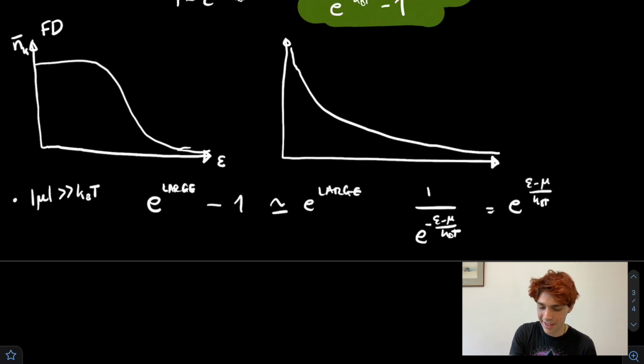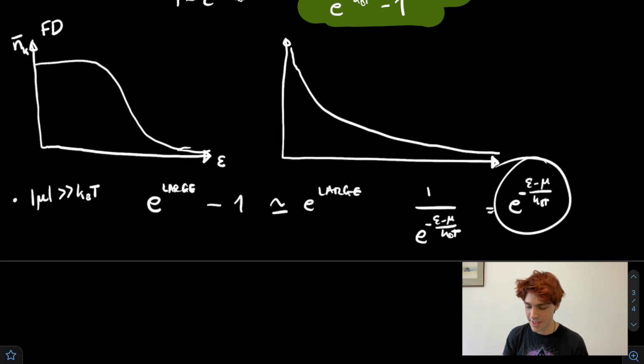You've got to be careful with 1 over that. So we get basically e to the minus something, which is the Maxwell-Boltzmann distribution, e to the minus (epsilon minus mu) over kBT. That's exactly what we expect for the dilute limit. When mu is very much larger than the thermal energy, we simply expect the Maxwell-Boltzmann distribution.